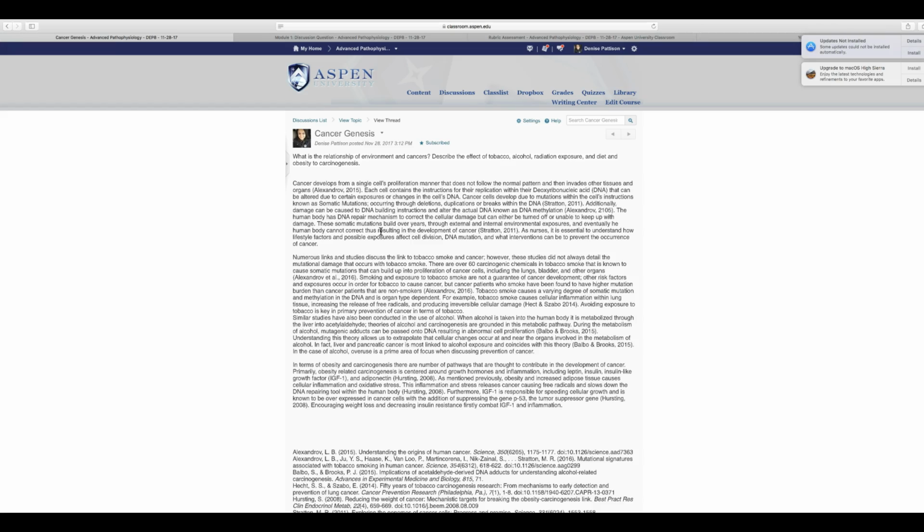But taking it a little deeper is talking about why it's important that we understand the lifestyle factors and possible exposure that affect the proliferation of cancer cells and what interventions we can do. That's synthesizing the information, taking it a step further, okay?